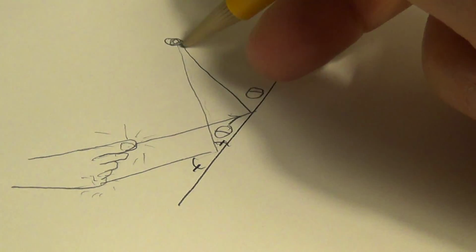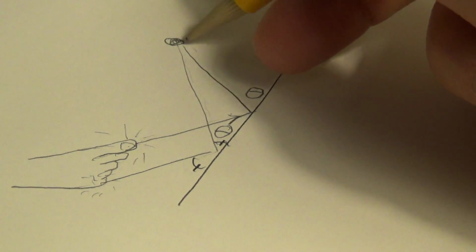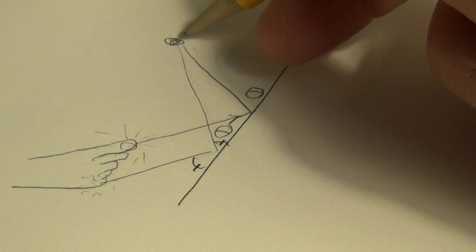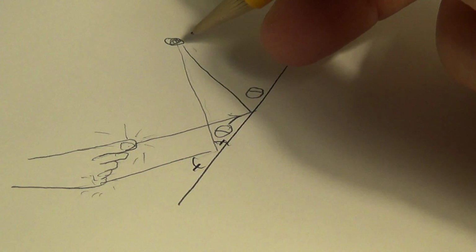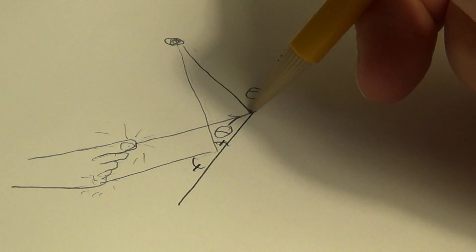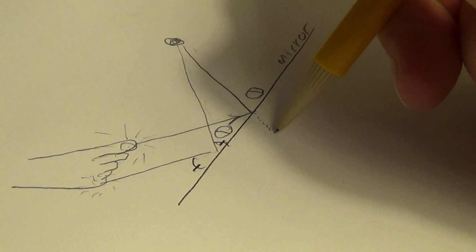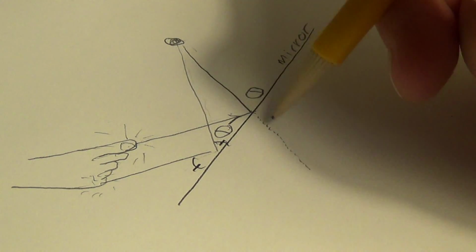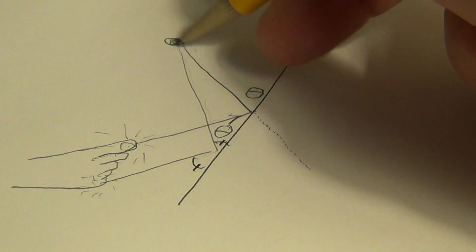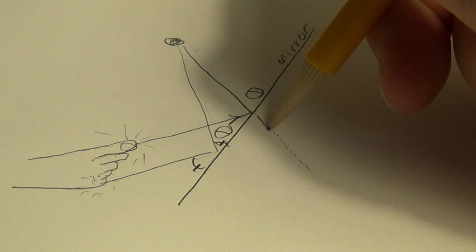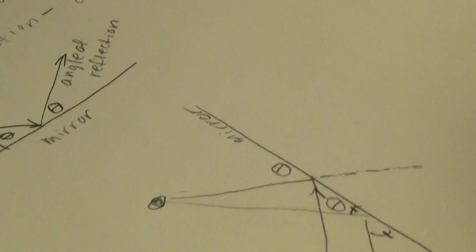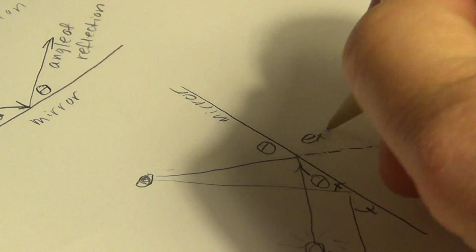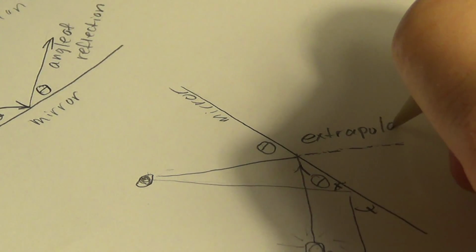Here's the one from the big toe, and what the brain does, it doesn't recognize this reflective bend here. The brain is situated in these things to think that light is always traveling in a straight line. So what it does, and we know it's not really happening, but it extrapolates. It thinks that the light that reflected off this surface came from a straight line, and that part that I'm talking about is called the extrapolated ray.